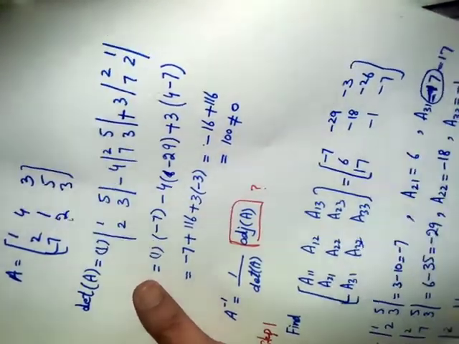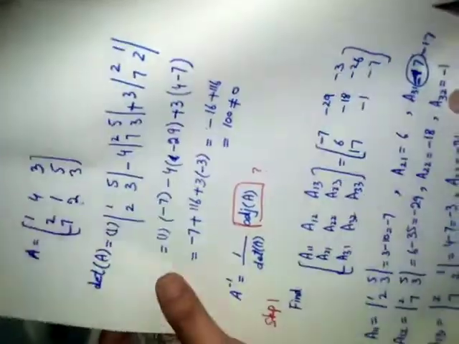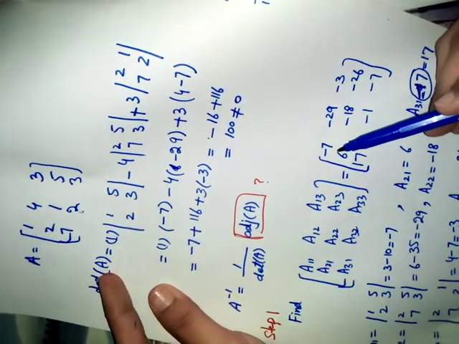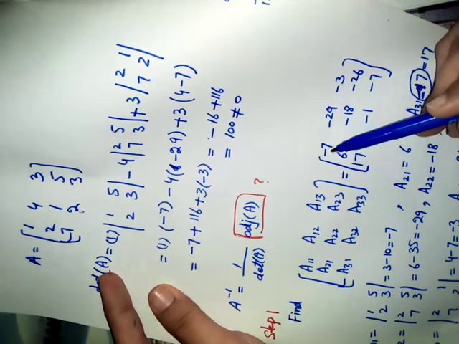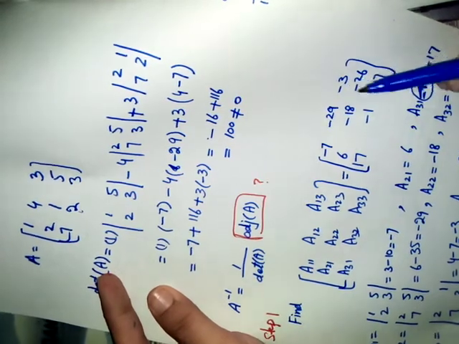Here we multiply it by plus, by minus, by plus.